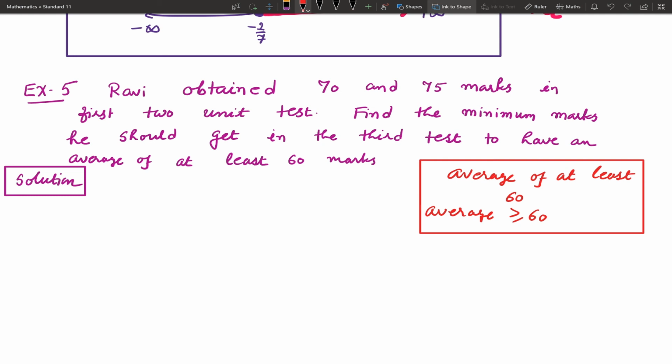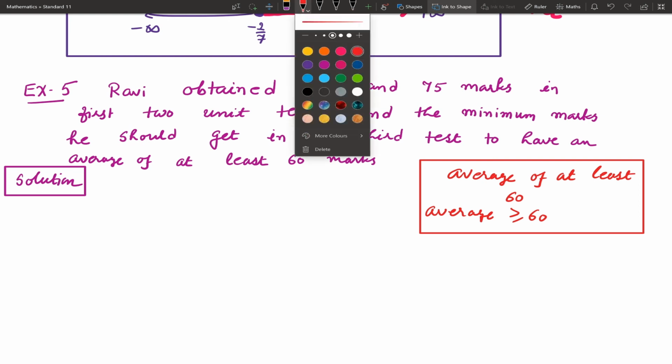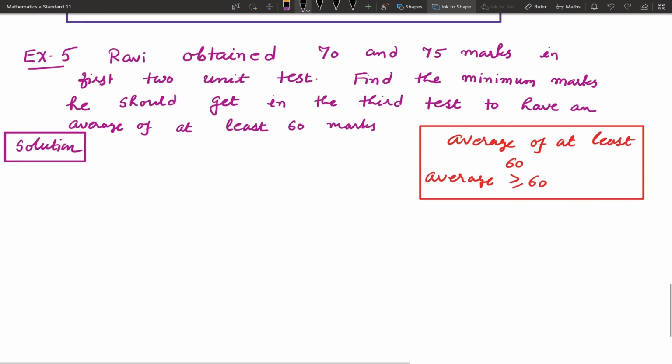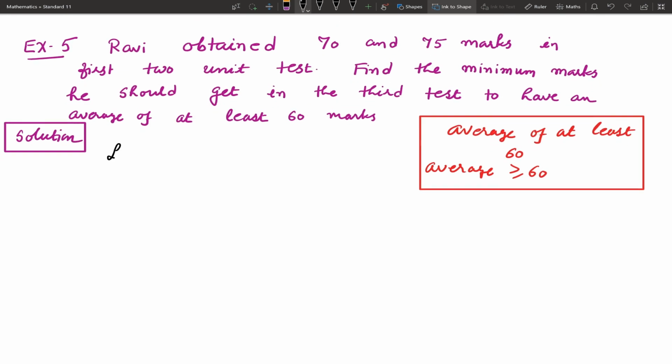So now we suppose, solution. Let Ravi get X marks in the third test.